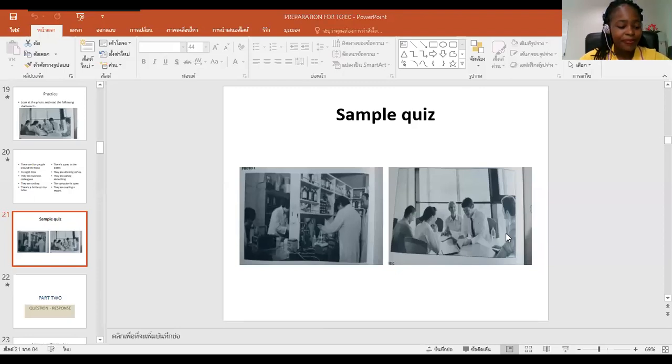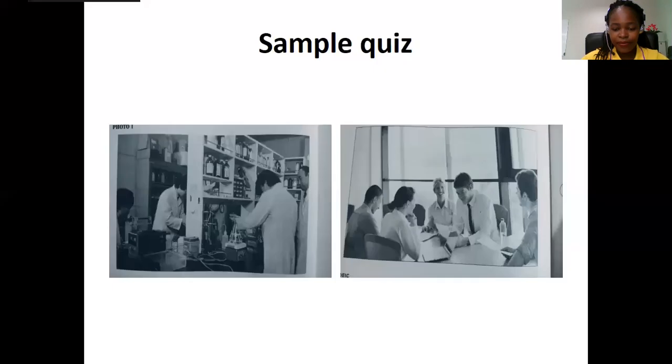Listening comprehension exercises. Part 1. Photographs. Skill 1. Assumptions. Photo 1. A. The pharmacist serves his customers. B. The technicians are conducting experiments.